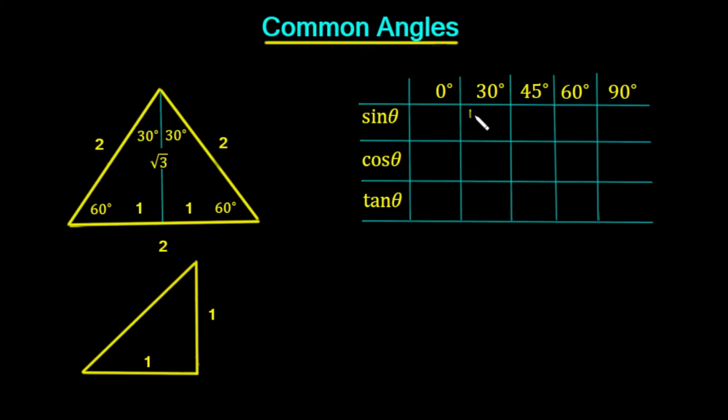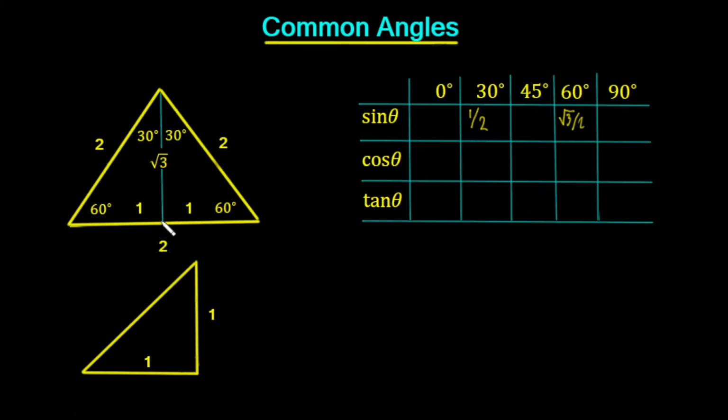So that gives us the sine of 30 is a half. Now we can look at the 60 degrees. The 60 degrees is here. The sine is the opposite over the hypotenuse. So the opposite is root 3 and the hypotenuse is 2. So the sine of 60 degrees is root 3 divided by 2.